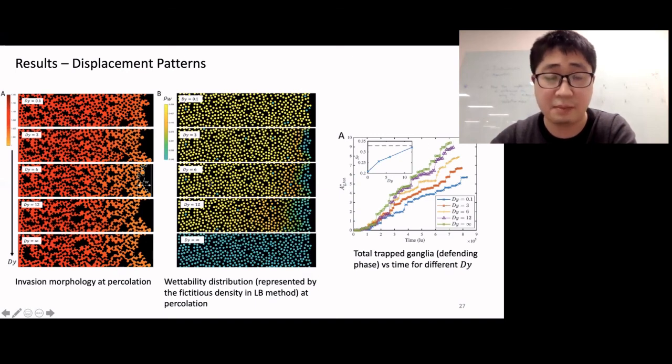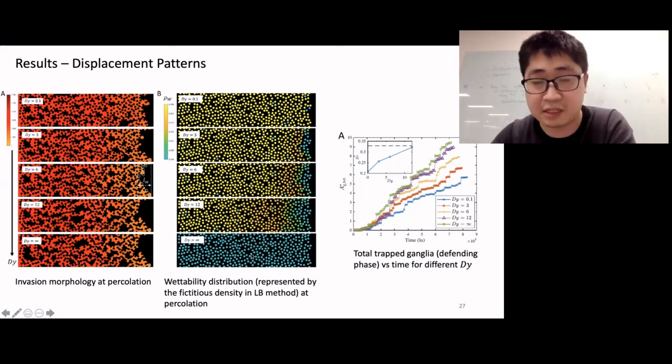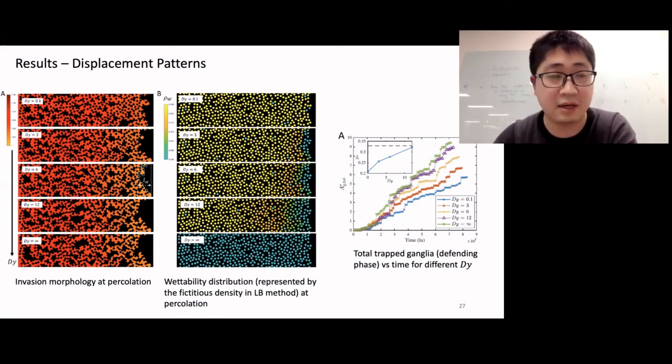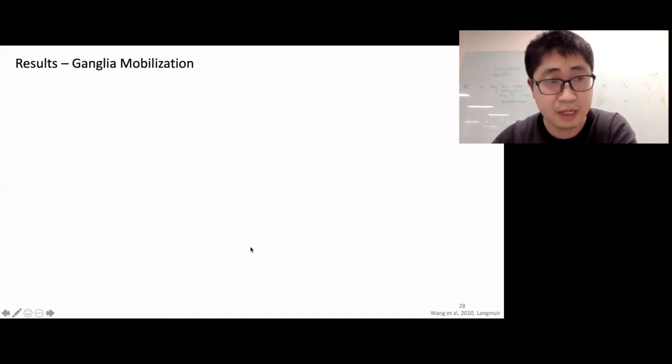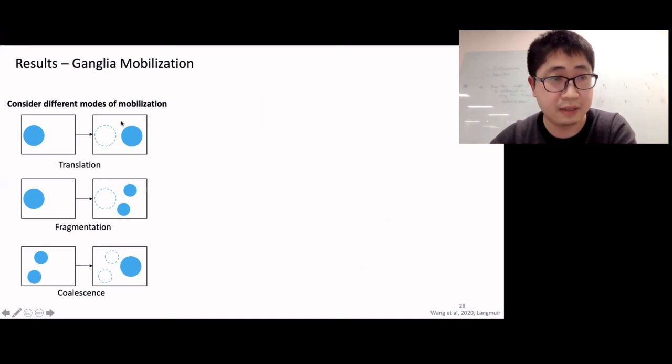And here is showing the wettability distribution at percolation. On top, all the roughness is filled by the invading phase, with several exceptions shown in blue. And at the bottom, it's a very slow transition, meaning that there is defending phase trapped in the roughness grooves.